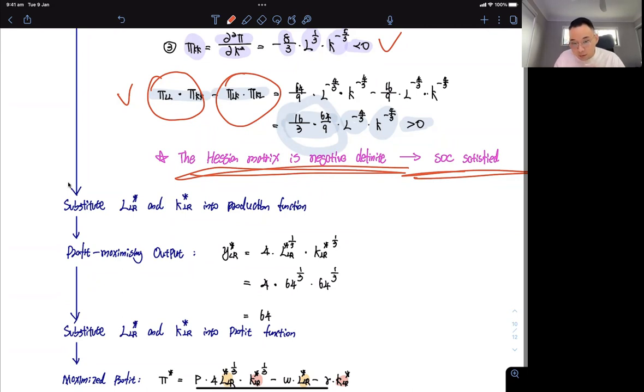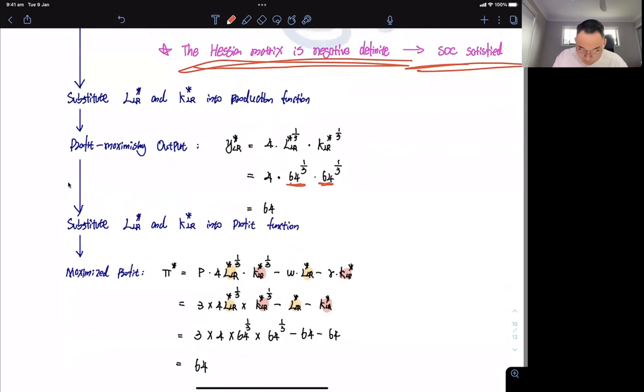We know L LR star equals K LR star, which equals 64. Plug in the value, we get 64 to the power of 1 over 3. That's 4. 4 times 4 times 4, 4 to the power of 3, 64. Easy.